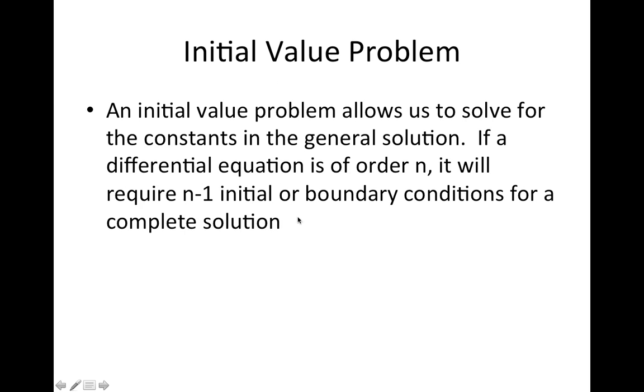So an initial value problem allows us to solve for those constants, and that gives us the particular solution. If a differential equation is of order n, you've got to have n initial conditions or boundary conditions in order to have a complete solution.